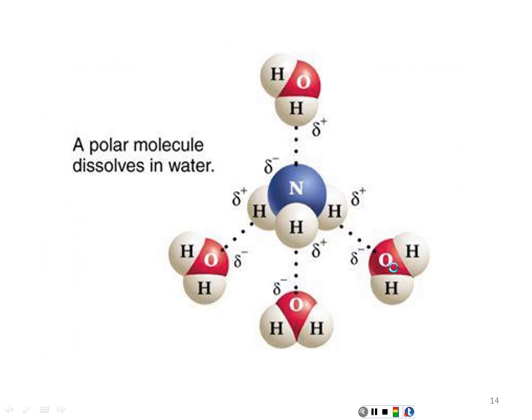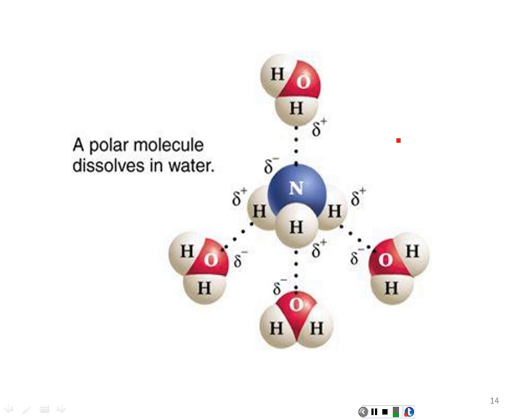And here's an example of how water can do the same sort of thing with an uncharged molecule. Now we have NH3. NH3 doesn't have charges, but it is a polar molecule. It has polar bonds, and it has a geometry which gives it a net dipole.